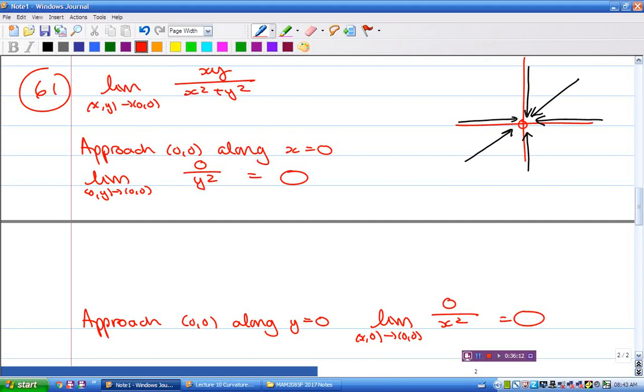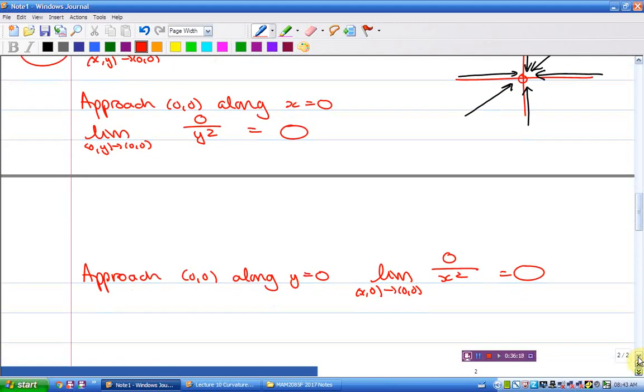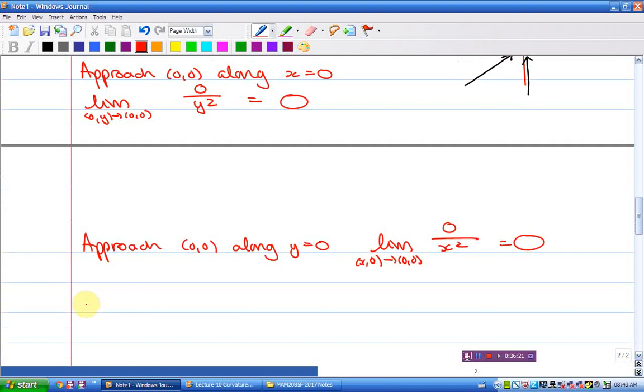But the ant that's walking along the path y equals x, that one's going to disagree. Approach (0, 0) along y equals x. Okay, so limit. I'm just going to make both my variables the same letter, because y equals x. So x is approaching 0.